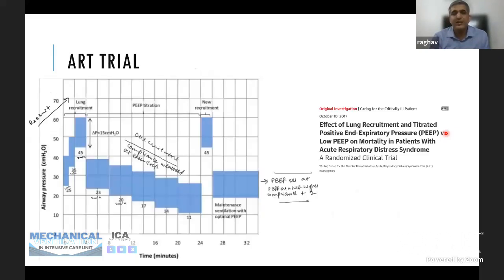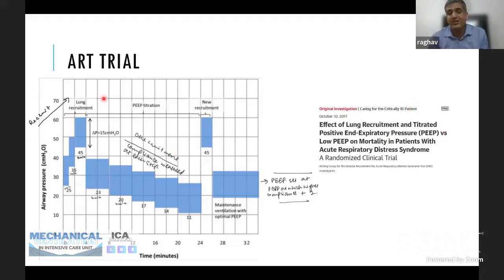Why is that? Because in the recently published ART trial, which was published in JAMA, recruitment maneuvers were given along with standard of care ventilation in ARDS patients, and they found that the mortality increased if we apply prolonged recruitment maneuvers at very high pressure.